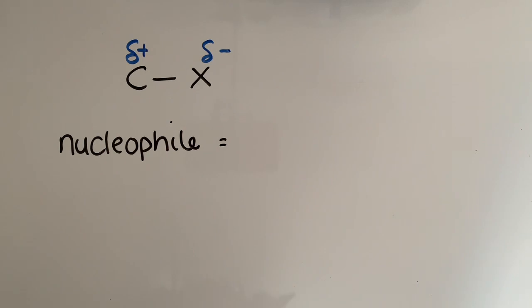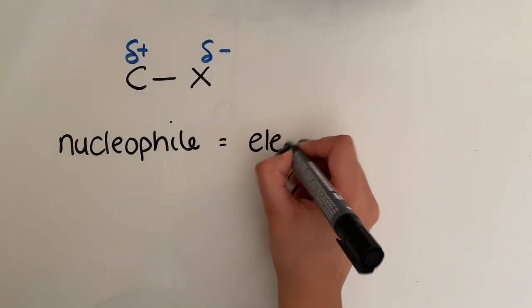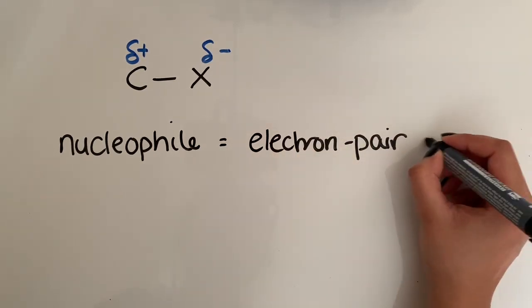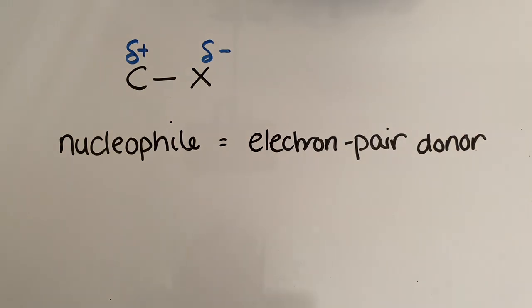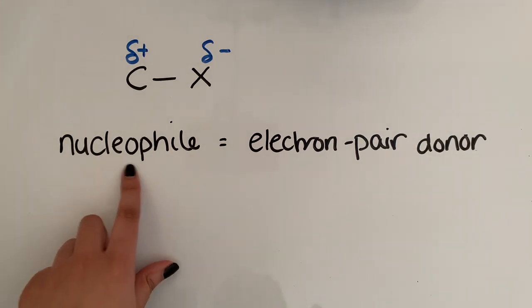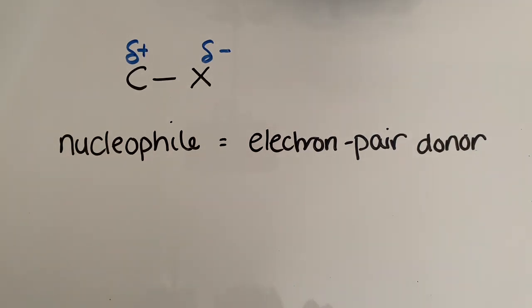The correct definition is that it is an electron pair donor, which means it wants to give a pair of electrons. The nucleo part and the phile part together just mean that these are attracted to nuclei, so something that is positive, because they have an electron pair to donate.